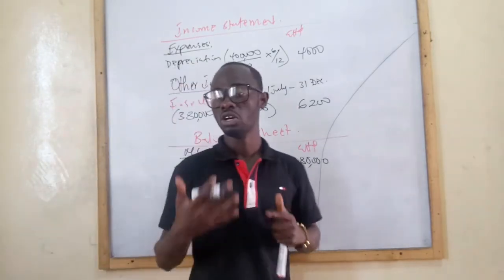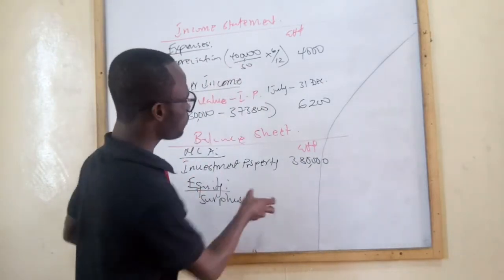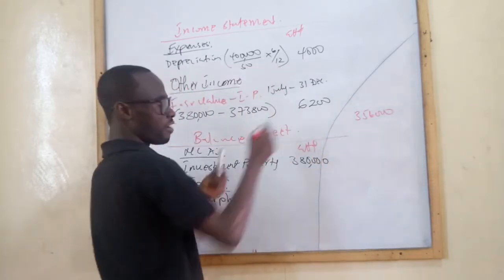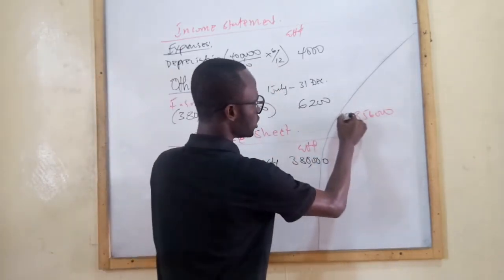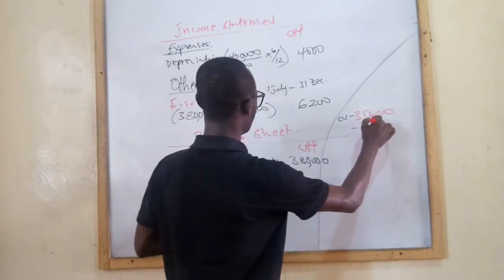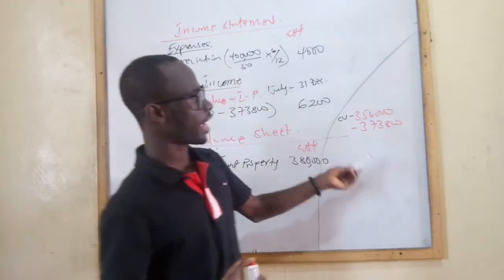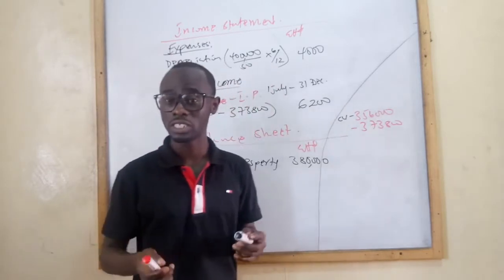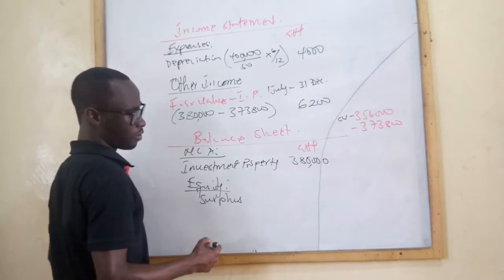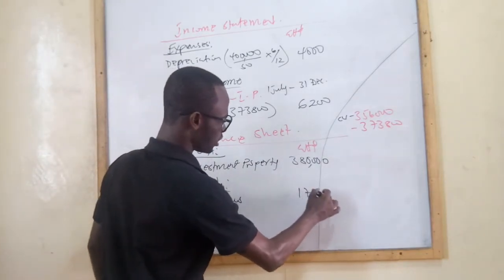Now, the surplus here is in relation to the fair value of the asset, which was 356,000, the carrying value of the asset, compared to the value that was placed on the asset at the date of conversion, 373,800. So if you check out this arithmetic, we're going to get 17,800. That is a revaluation surplus, and that will be taken to the equity segment as well. So that will be 17,800.